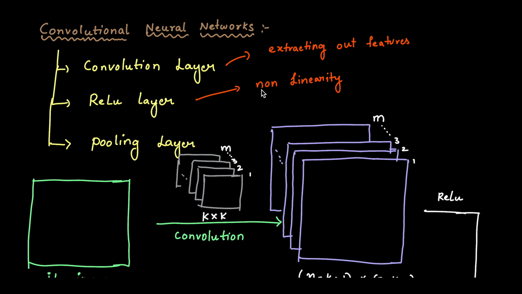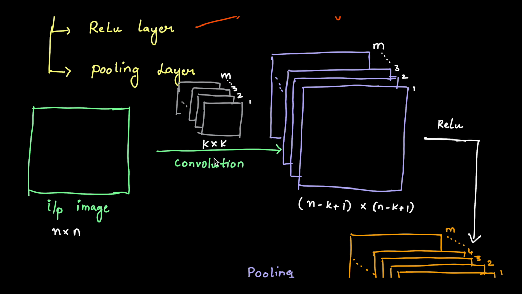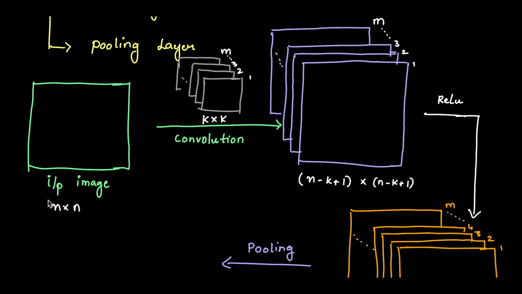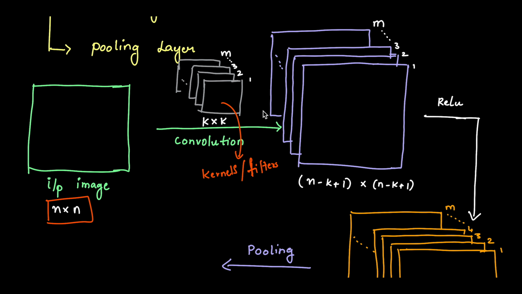So the main intention of using this layer is to add some non-linearity, followed by the pooling layer. If you remember, when we are given an image of n cross n and it is passed through the convolutional layer, we'll have something called kernels or filters, which are responsible for extracting the features.